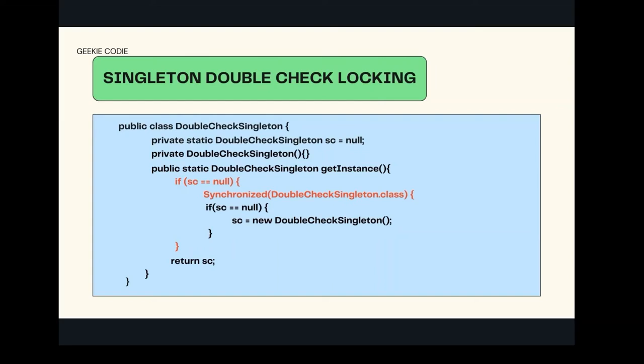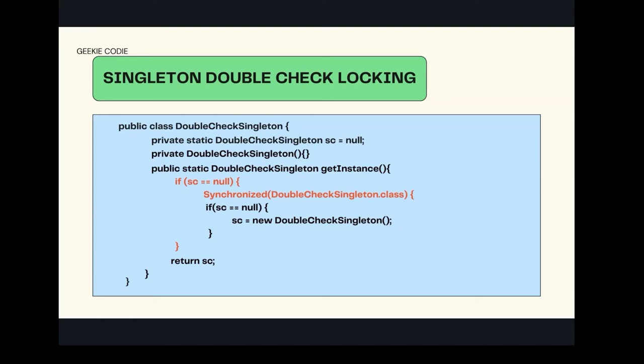So for instance, let's take the example of two threads. If two threads call the getInstance method at the same time, both threads check the if condition, sc is equal to null. For both threads the condition may be true, and one of them will get the lock with the synchronized keyword.